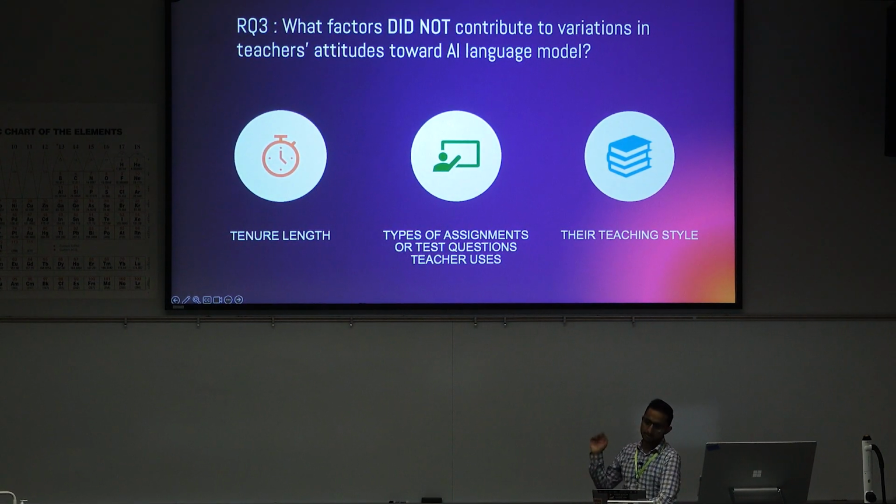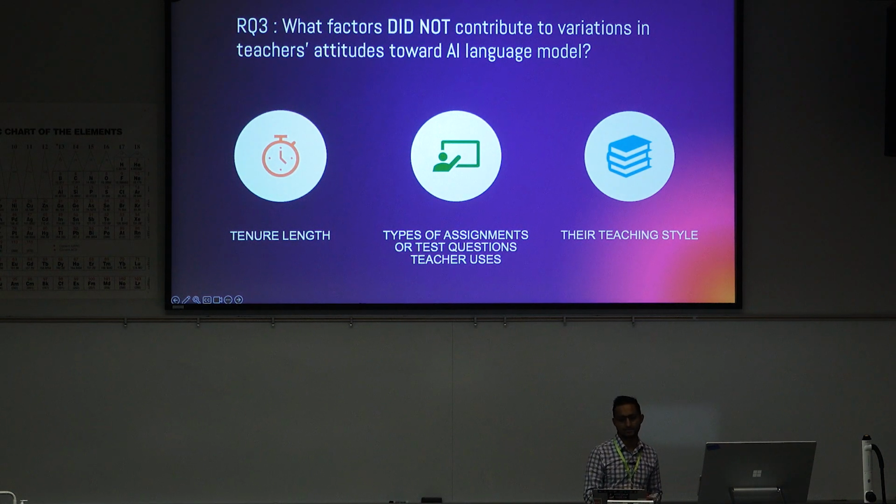Another important thing is that I actually thought I was going to see a difference, but that proved me wrong. And in a way, we got confirmation that it does not affect sentiment: the type of assignments you use in class, and the type of teaching style in your class, right? If you use lecture versus group discussion versus experiments, those do not affect your sentiment.